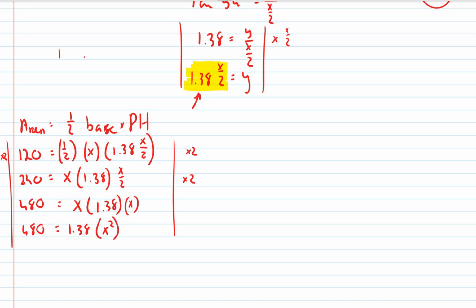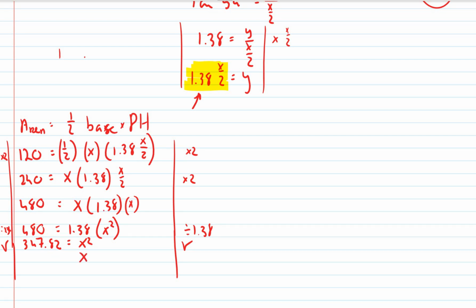If I divide this side by 1.38, I have to divide the other side by 1.38. I get 347.82, and that equals x squared. Just need to get the square root of both sides to find out what x is.